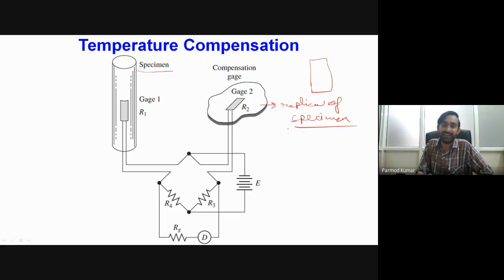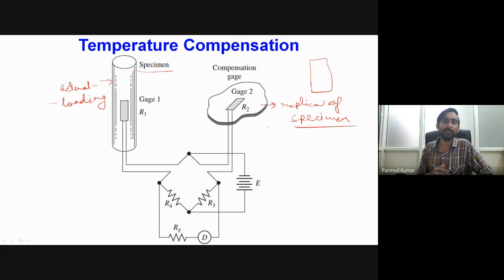Okay, obviously this specimen will be subjected to the actual loading condition because of the pressure, whereas this will be simply kept close to this specimen so that both are in common surroundings.